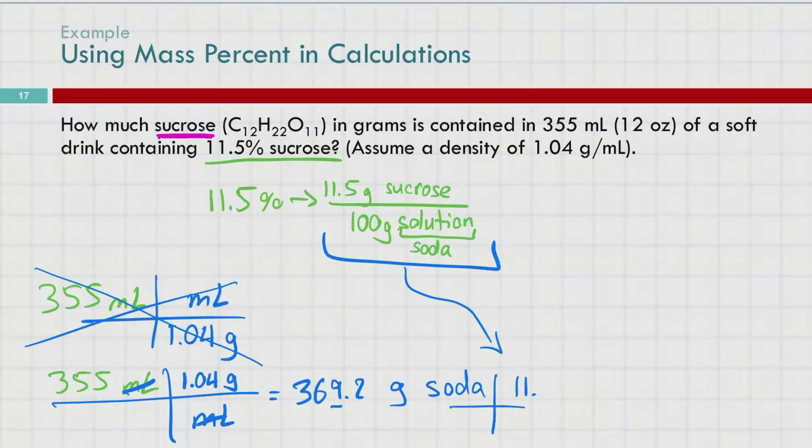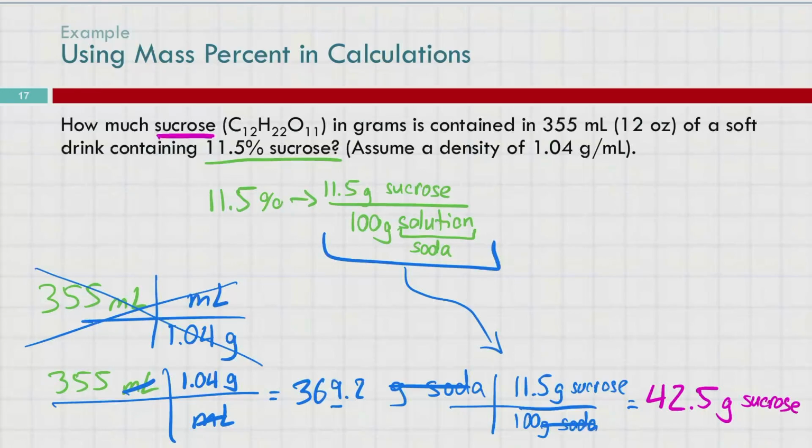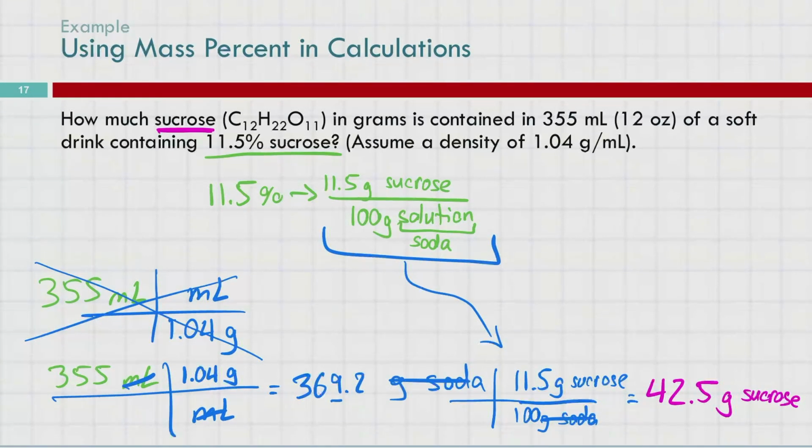So if we multiply by 11.5 grams sucrose over 100 grams soda, the grams soda cancel, and we're left with grams of sucrose. So times 11.5 divided by 100. So in our soda, there is 42.5 grams of sugar, which is a lot of grams of sugar.